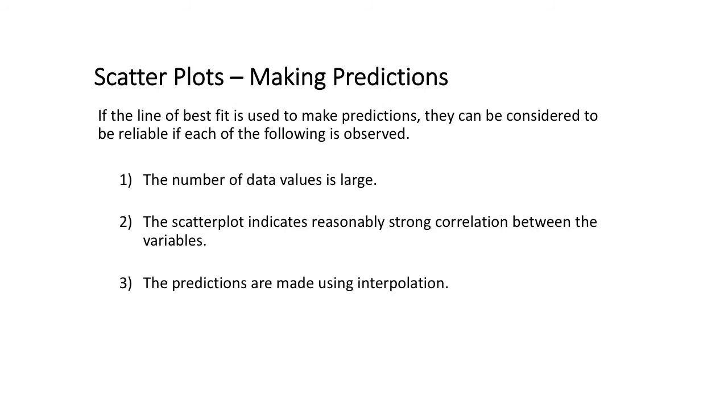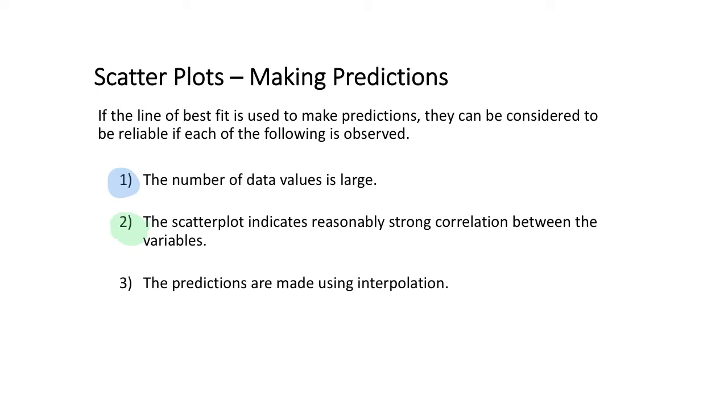In addition to extrapolation, there are a couple of other factors that will impact on the reliability of our predictions. So if our data set is small, our predictions are going to be less reliable. The larger the data set, the more reliable our predictions are going to be, because if we've got a larger data set, then our relationship is going to be based on more data points, which makes it a stronger prediction of the relationship.